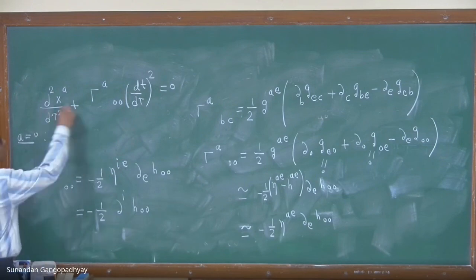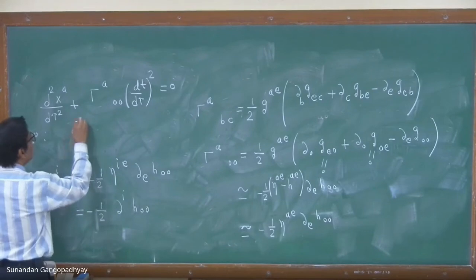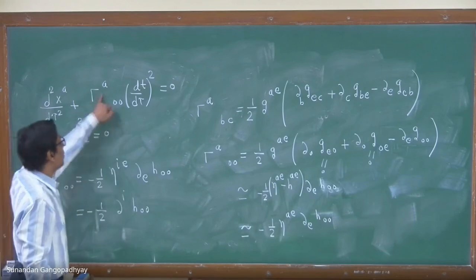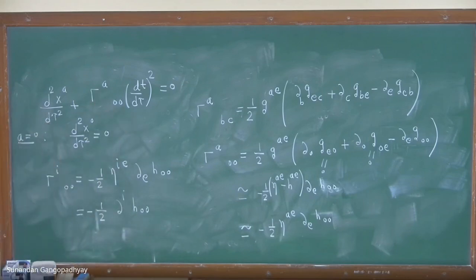If you set A equal to 0 in this geodesic equation for the particle, we immediately get, because gamma 0 is 0, the equation of motion. The proportionality constant you can always throw out, it is just scaling.